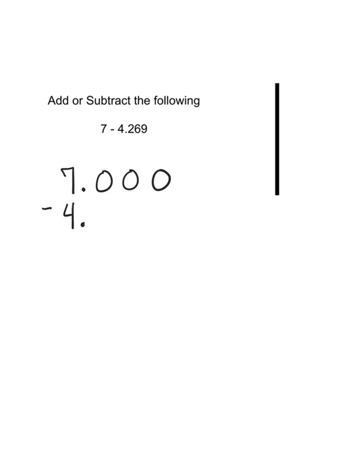Then I'm going to subtract 4 and 269 thousandths. Obviously, I can't subtract in my ones place, or in my thousandths place, my hundredths place, or my tenths place without borrowing. So I need to start borrowing all the way over in my ones place.